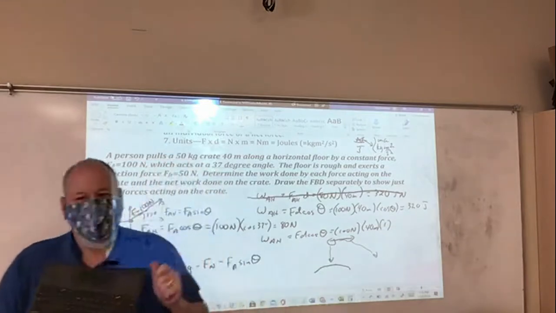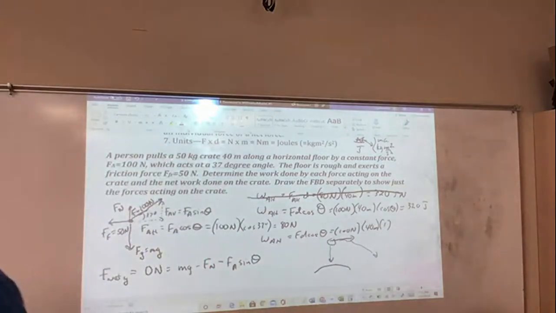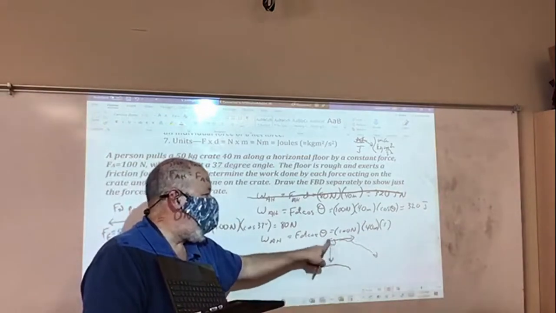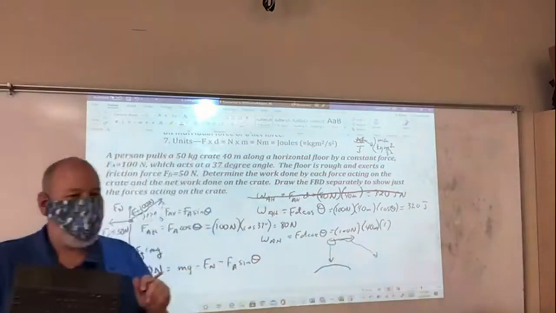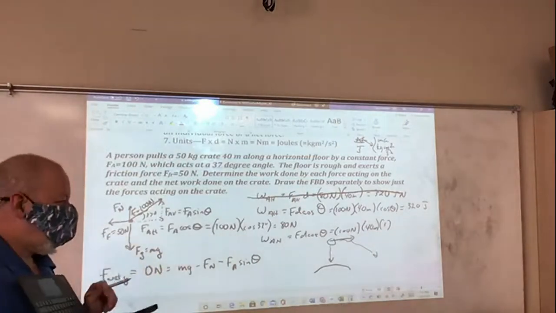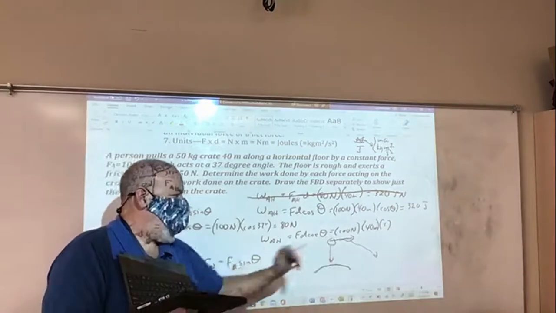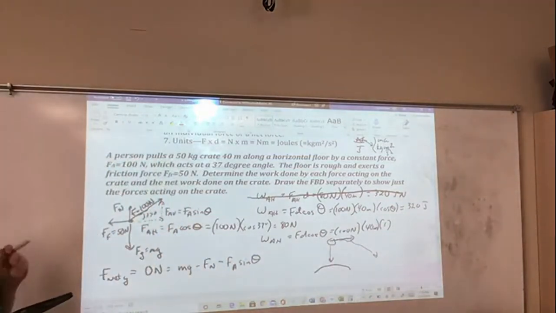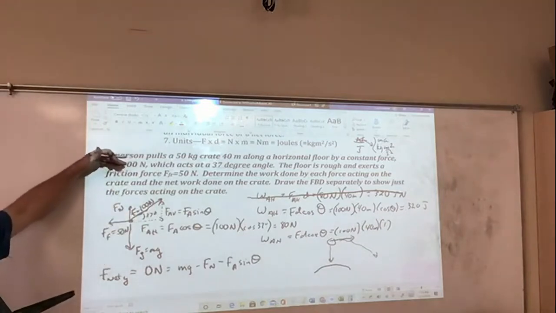Is the force of gravity actually doing any work on the moon? It's not doing any work on the moon because none of the force of gravity is in the direction of motion of the moon.